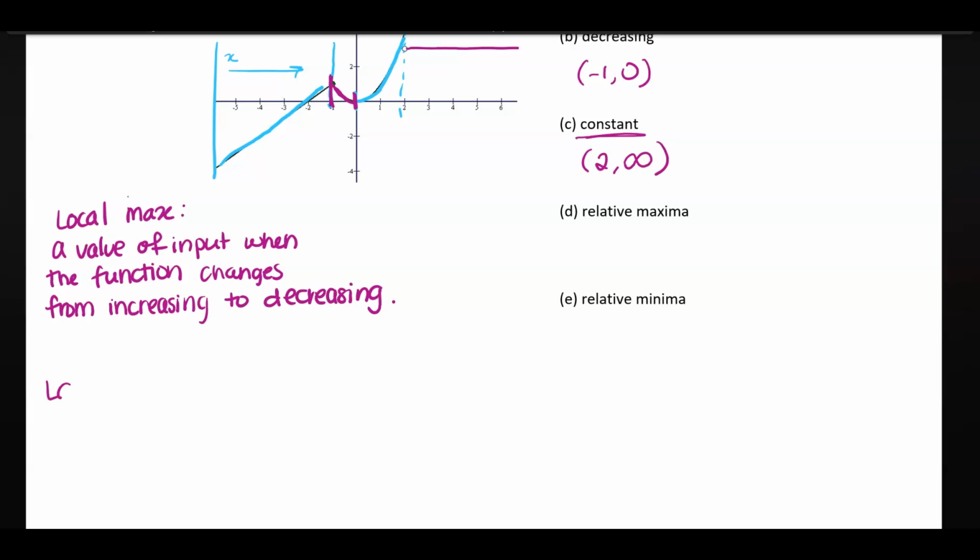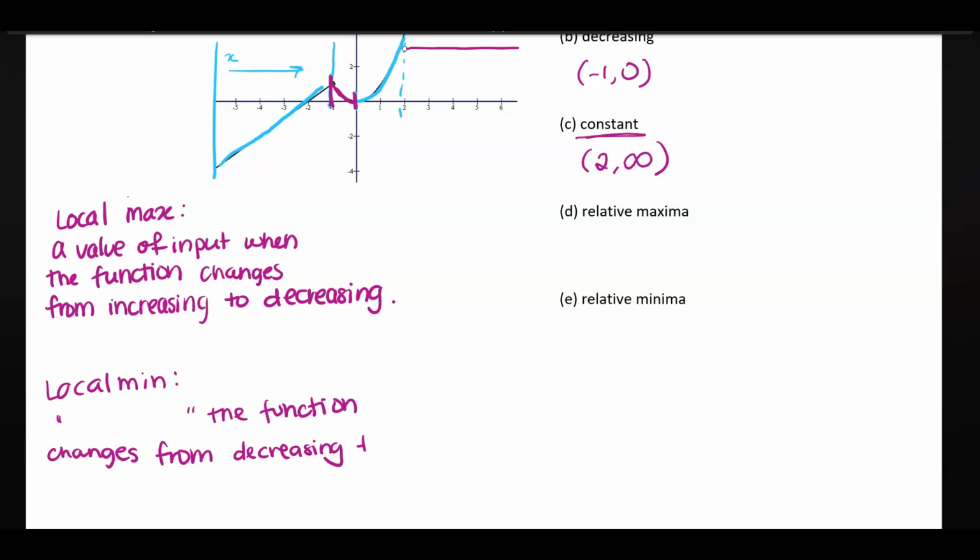Now, a local minimum is going to be a value of the input, the same thing, when the function changes from decreasing to increasing.